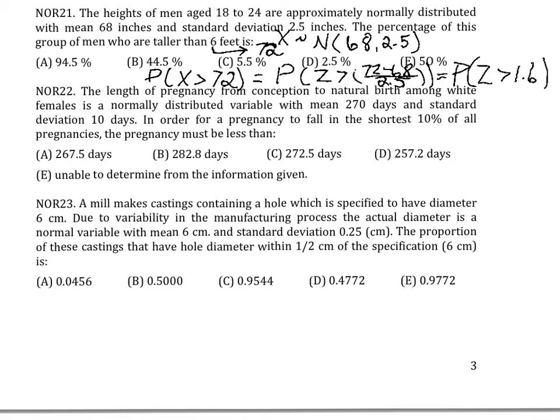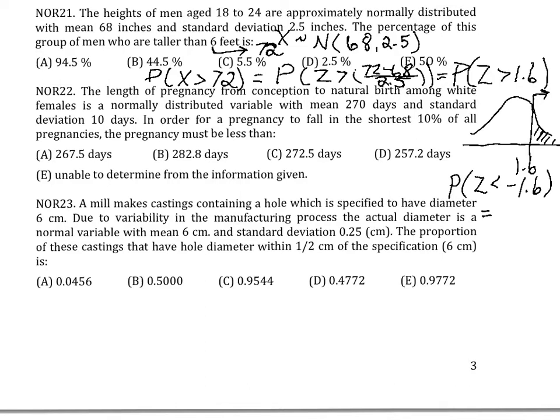Alright, so we want to find 1.6. We want to go this way. But the table gives us only the left side, and we discussed doing this two ways. Either I could change the sign in the direction of the question and get my answer directly.